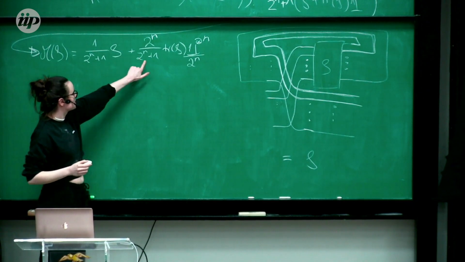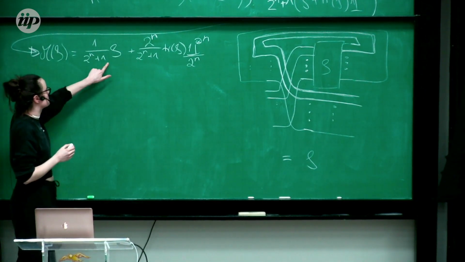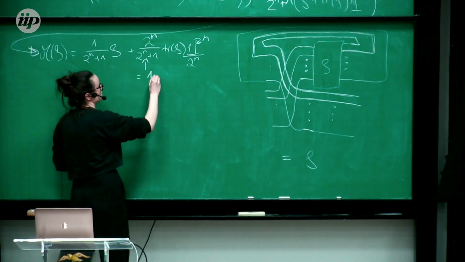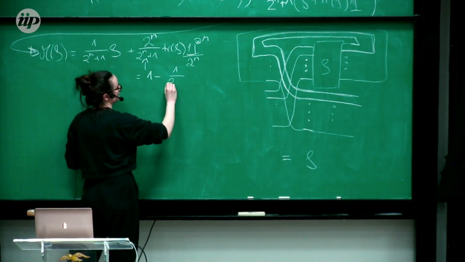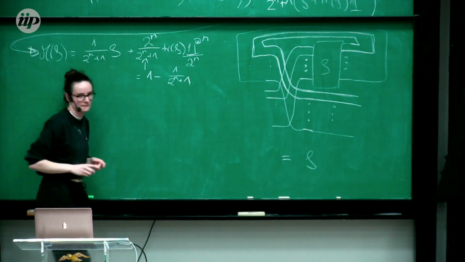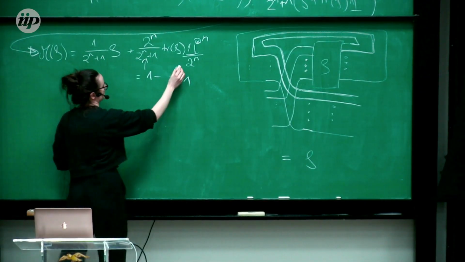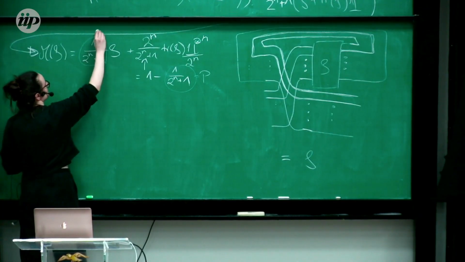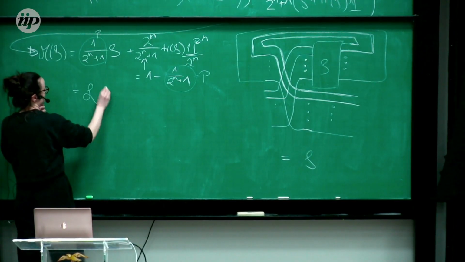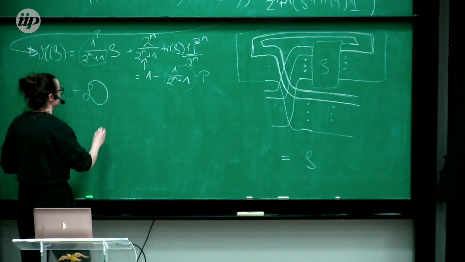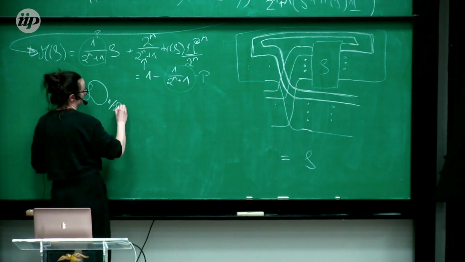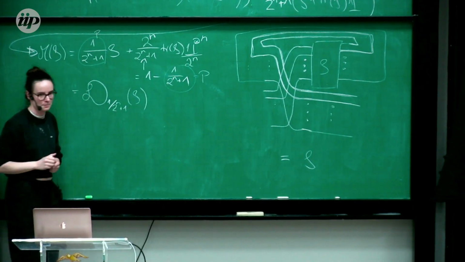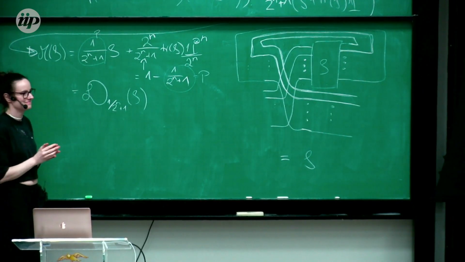And now we see that this is actually 1 minus 2 to the power of n plus 1. And if we call this P, we derived that this is also the depolarizing channel, but with a very small depolarizing strength, acting on rho. Ta-da! We did it.